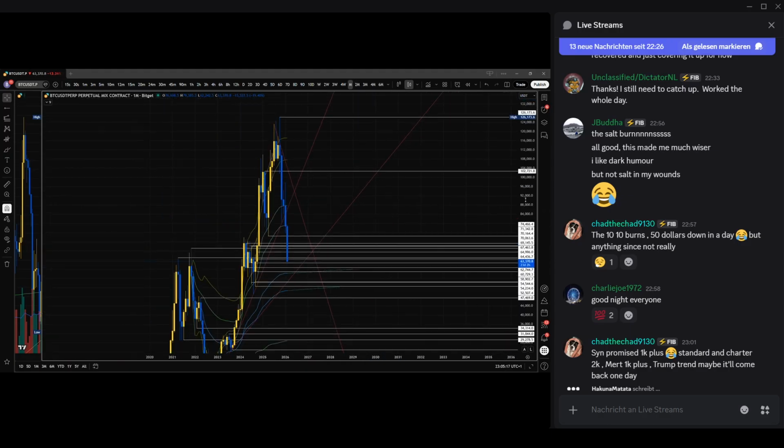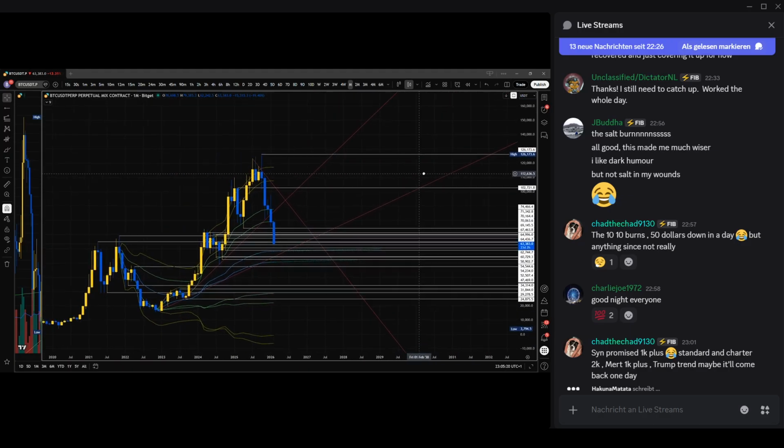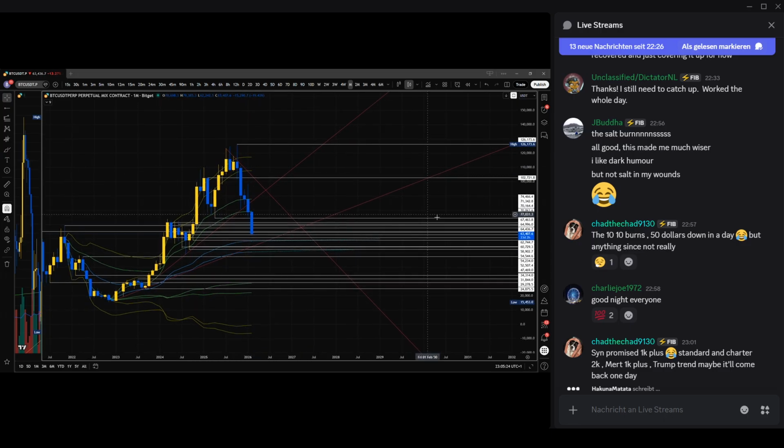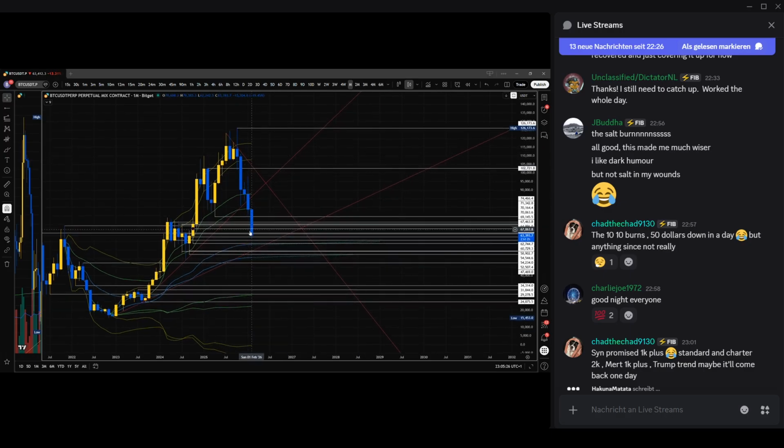Yeah, we cannot do much more on the monthly here, given the downtrend is currently this, and we have absolutely no accumulation candle in between that we could draw on. Now I'm losing the word.